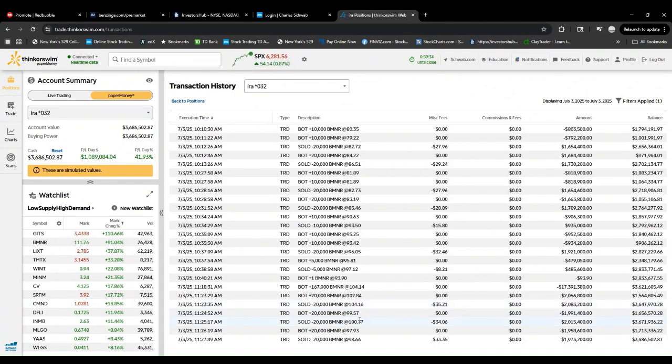Same thing here, 20,000 shares at 99.57. Got out at 100.77 for about $1.20. And this is 52, so we're talking about 25 seconds.